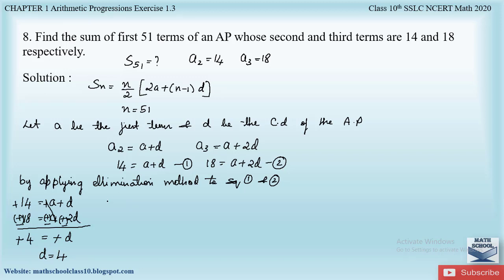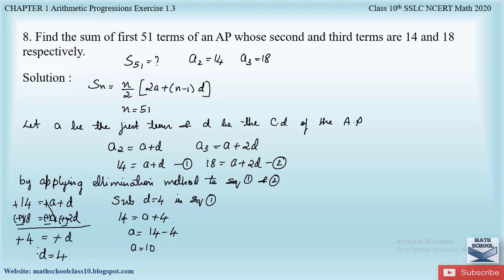Now let us substitute the d value in equation 1 and find out the a value. Substitute d equal to 4 in equation 1. So 14 is equal to a plus d, that is a plus 4, or a is equal to 14 minus 4 if we transfer it to the left hand side. So a is equal to 10.